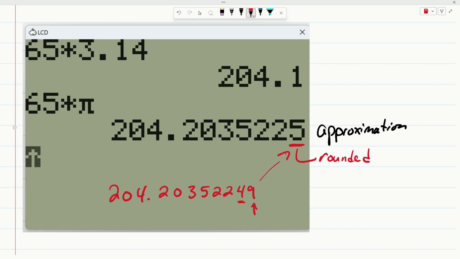Or this could have been something like 204.20352253, and the calculator said, I'm running out of space on my screen, so I'm going to round this 5 and look to the right, saw it was a 3, and then kept it the same. So this last number, this 5, is uncertain. And that's what we mean by approximate numbers and then exact numbers.